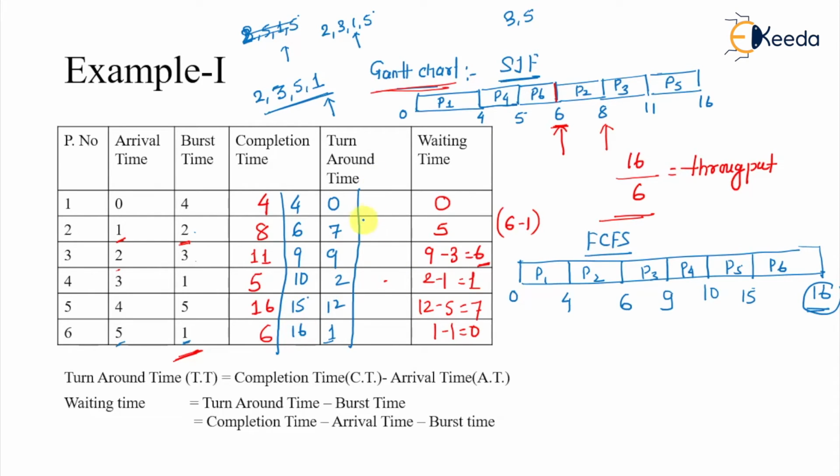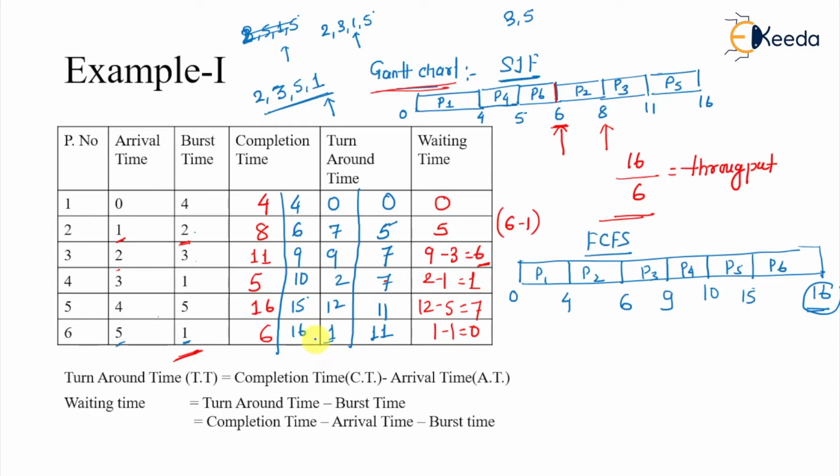It will be 0, then 6 minus 1 is 5, 9 minus 2 is 7, 10 minus 3 is again 7, 15 minus 4 is 11, and 16 minus 5 is also 11.